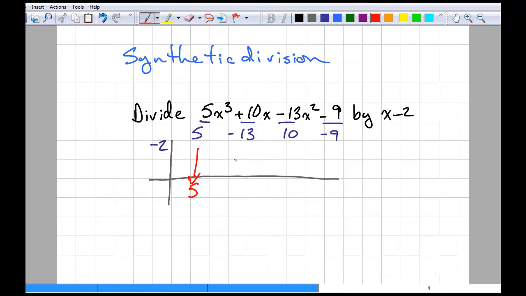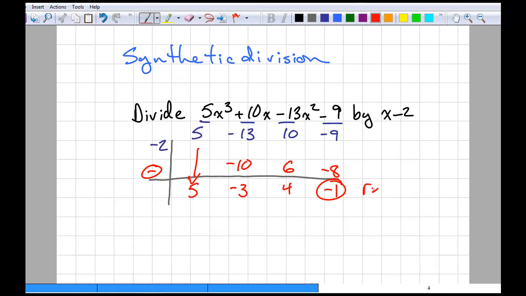Then I go -2 times 5 and I write my answer up here. From this point on, I'm going to subtract the bottom number from the top. So -13 minus -10, that's like saying -13 plus 10, is -3. -2 times -3 is 6. 10 minus 6 is 4. -2 times 4 is -8. -9 minus -8, that's like saying -9 plus 8, is -1.